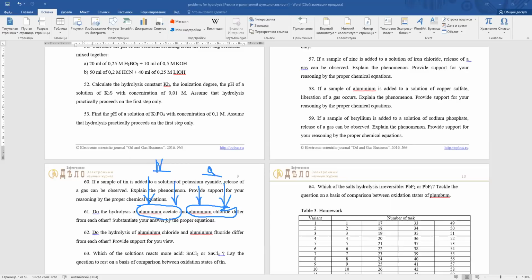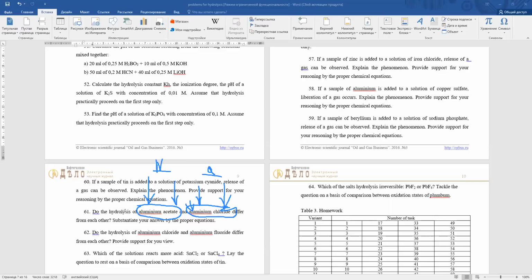What did you say? Aluminum acetate is neutral because it is a weak acid and a weak base. Okay, I understood. Here both parts of the salt are weak, and here one part of the salt is weak.